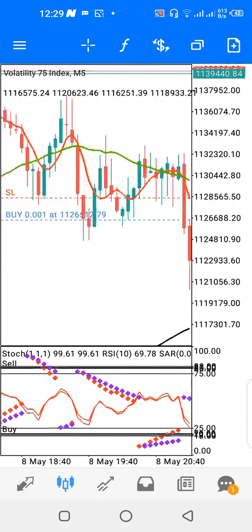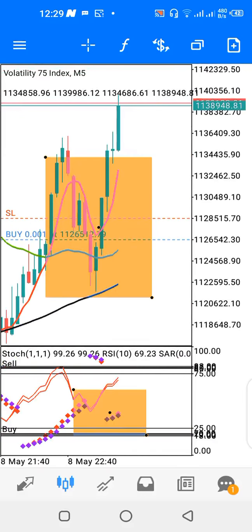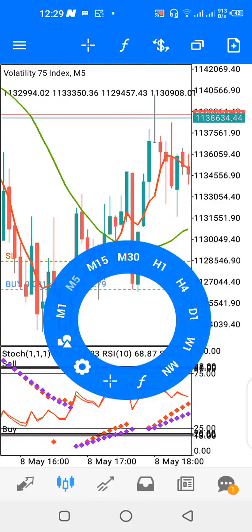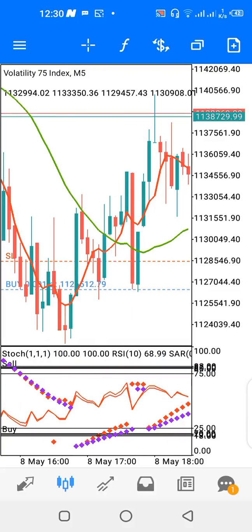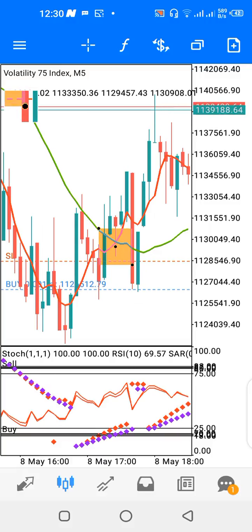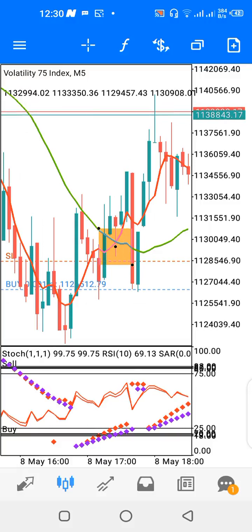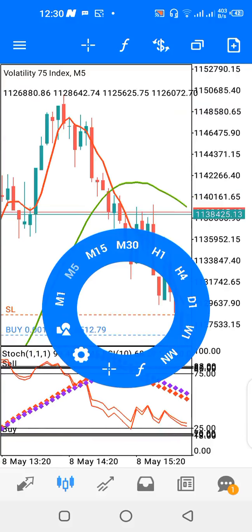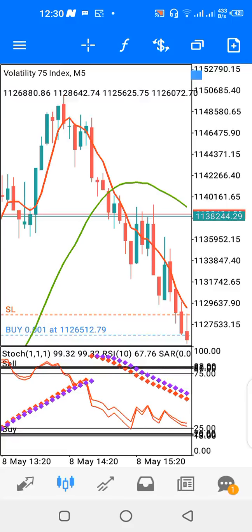Now the way this strategy works is, on the main window, when the red line crosses above the green line, that's my buy signal. And when the red line crosses down on the green line, that's my sell signal.